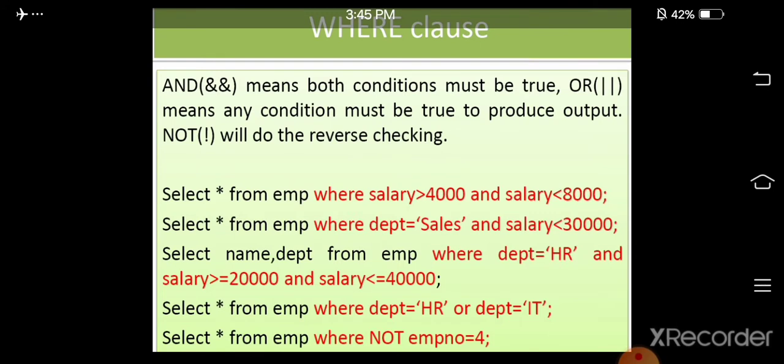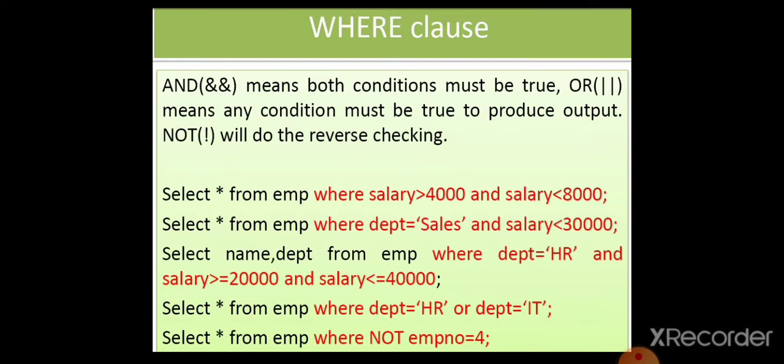Coming to the next, we can also use AND, which is mainly used for giving a range, that is, salary greater than 4,000 and less than 8,000. Department equals sales and salary less than 30,000.